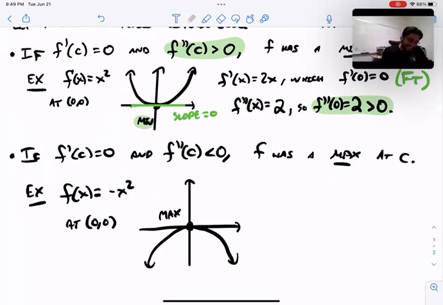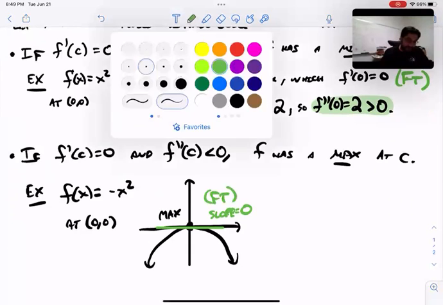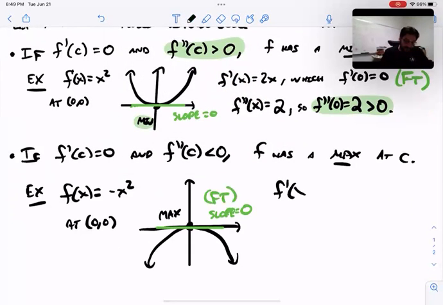So here's our second example. Again, there is a horizontal tangent at the max. That's promised by Fermat's theorem, which tells us there should be a horizontal tangent line at the max. And you can calculate this. f prime here would be minus 2x, and f prime at 0 is 0.